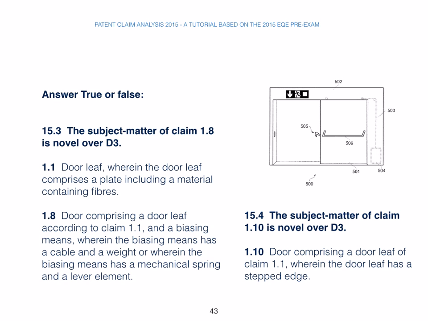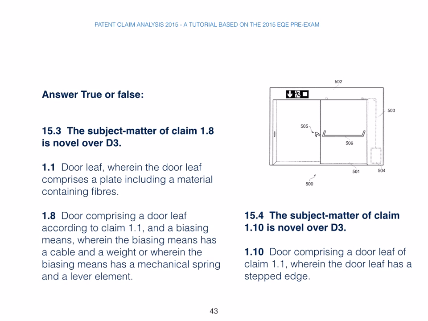Claim 1.8, I think we saw it before, is a door leaf according to claim 1.1, and the biasing means, wherein the biasing means has a cable and weight, or wherein the biasing means has a mechanical spring and a lever element. Does D3 have biasing means? It seems it has biasing means. Make up your mind. And then we go to 15.4.